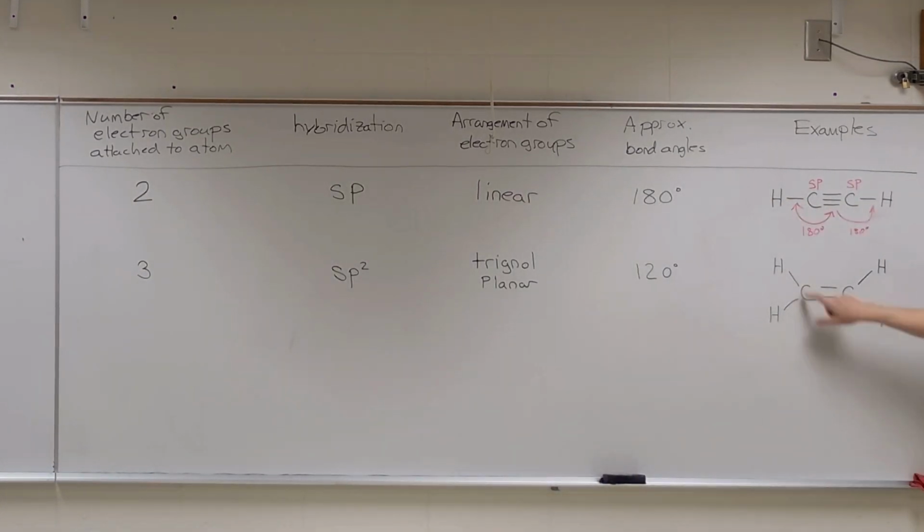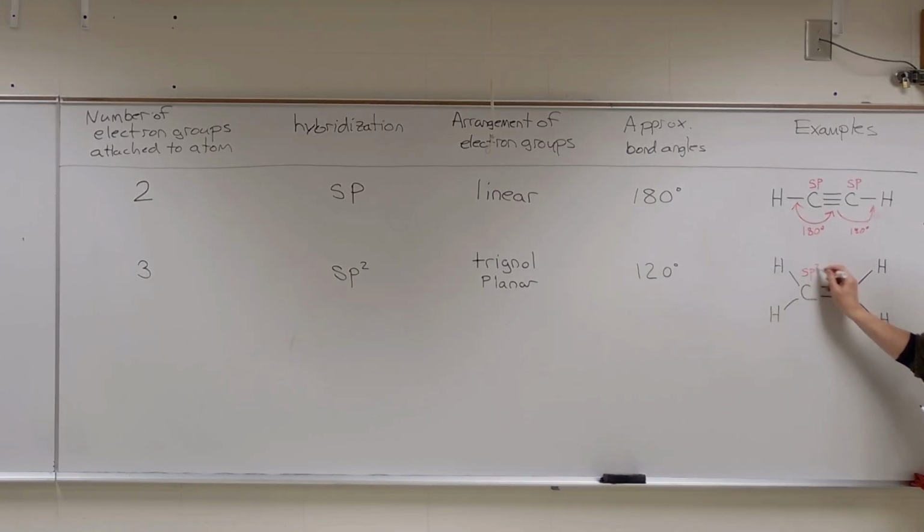Carbon on the left has a hydrogen, and a carbon. So that counts as 3. Doesn't matter that it's a double bond. Each atom counts as a group. So this is an sp2 carbon atom. This is an sp2 carbon atom. And the bond angles between the groups are about 120 degrees.